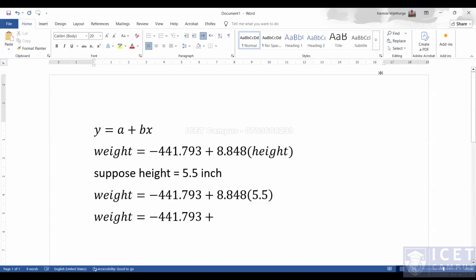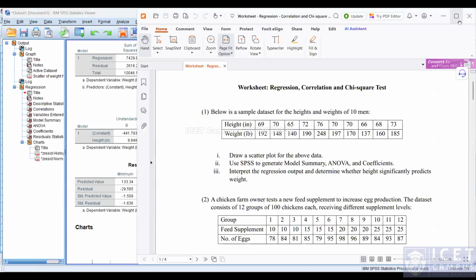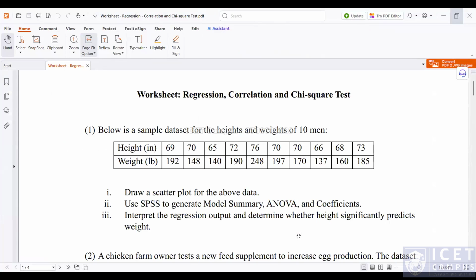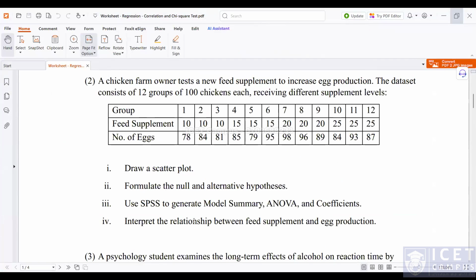Therefore, we can use this formula, the regression equation. That is not given actually, but if we know one variable, we can find the other one after modeling this regression equation. Right.